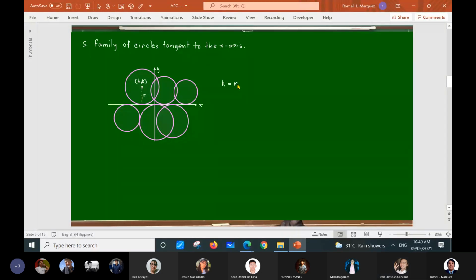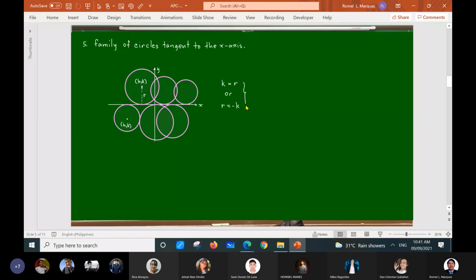But what if the circle is here? This is also (h, k). What can you say about the radius? The r is equal to what? Negative of k, because k here is negative, right? The value. But radius is always positive.